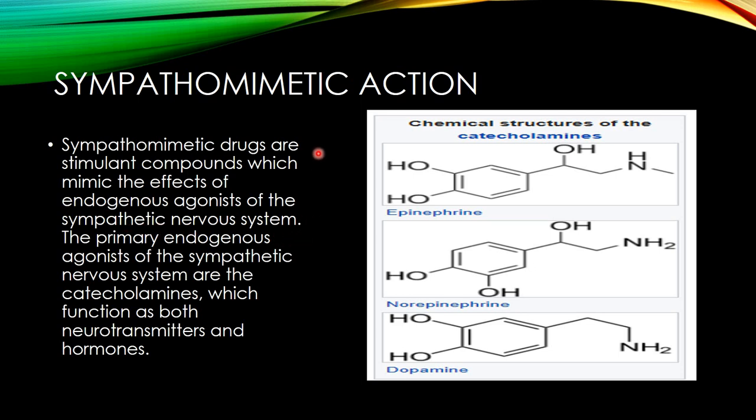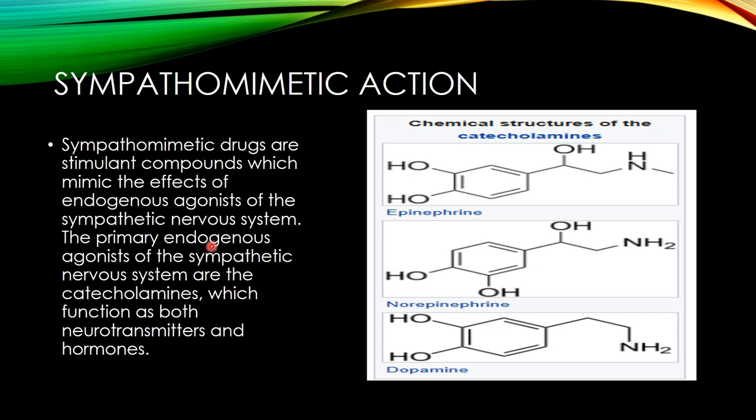So previously, in the previous presentation, I said mimetic means it is mimicking the action of the receptor. So here also, similarly for sympathomimetic action, it is mimicking the effects of endogenous agonists of the sympathetic nervous system.